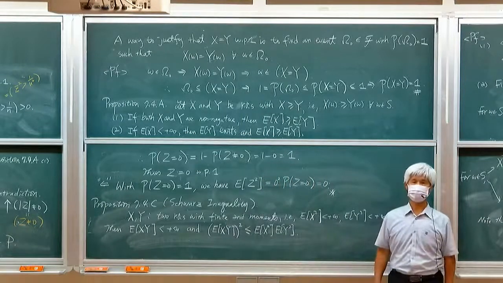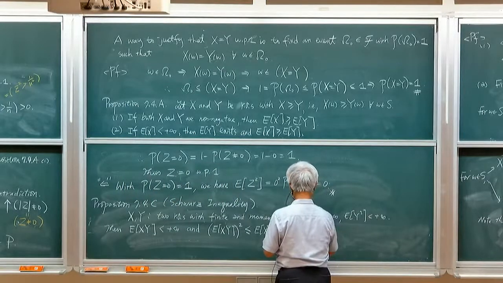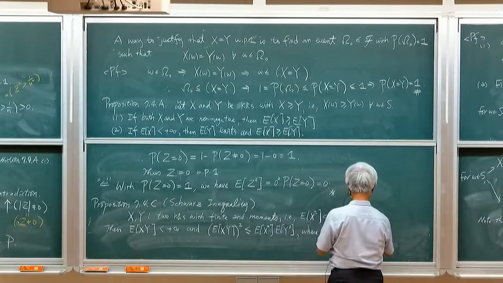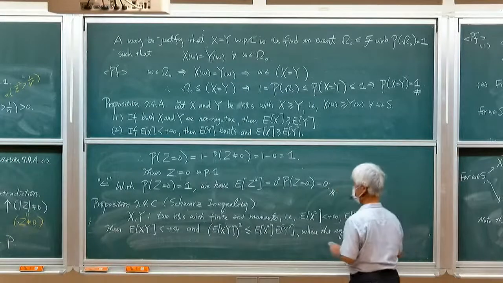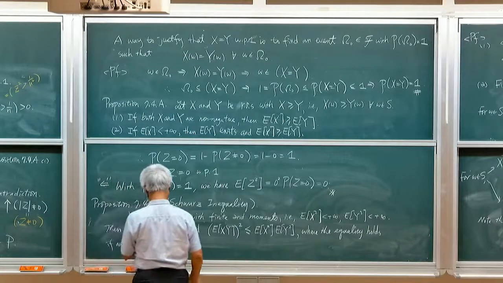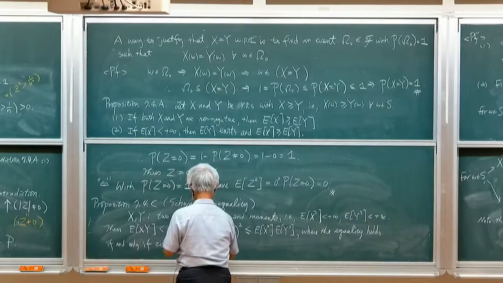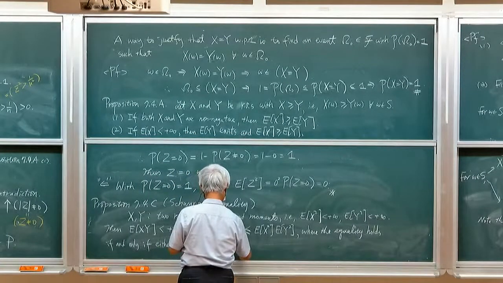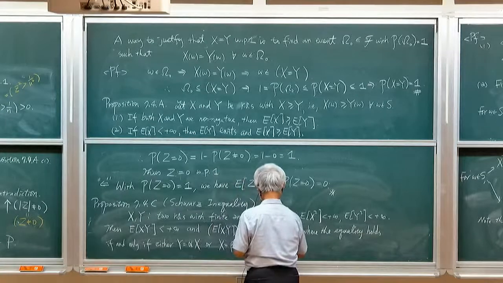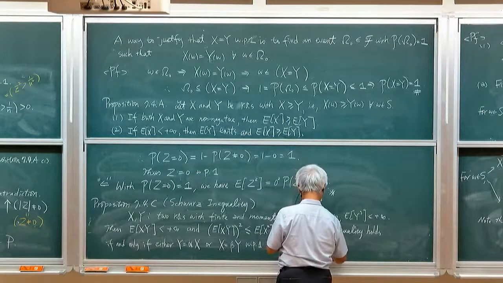Okay. And the equality holds if and only if either Y equals alpha times X or X equals beta times Y with probability 1, for some constants alpha and beta.